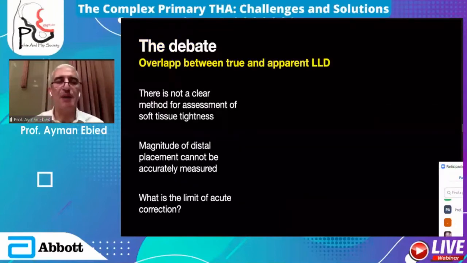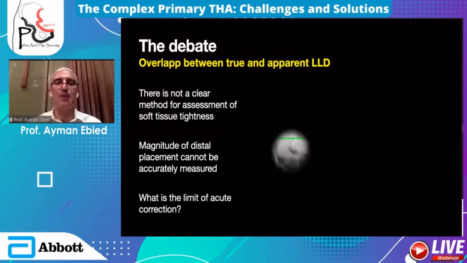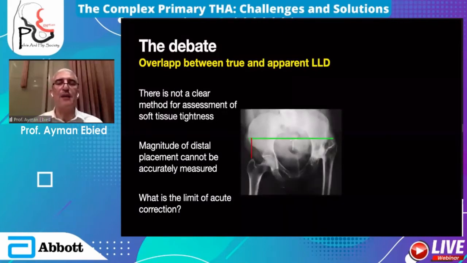There is always a debate, and I'm raising questions more than answering them. When I look at the overlap between the true and the apparent leg length discrepancy, we see patients where, when we measure the actual true leg length discrepancy, we find it is 3-4 centimeters. But when we look at the apparent leg length discrepancy, we find it much higher.